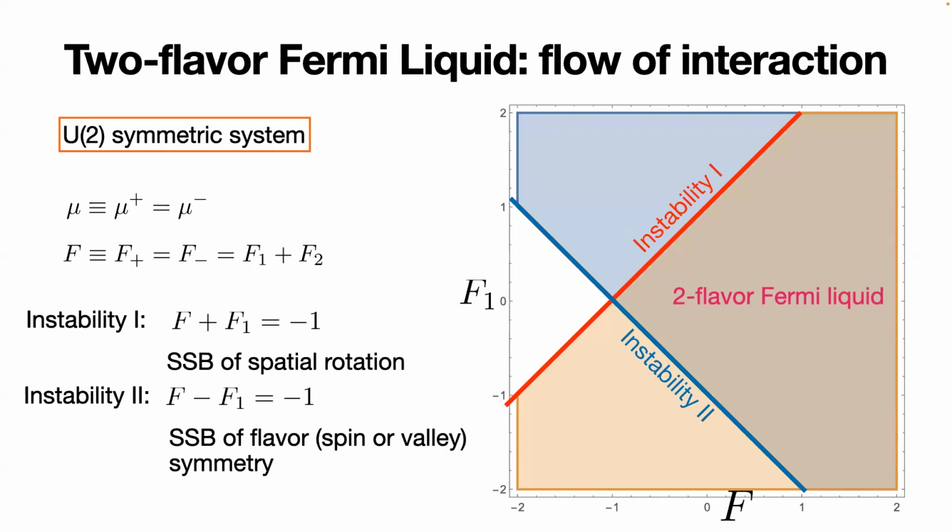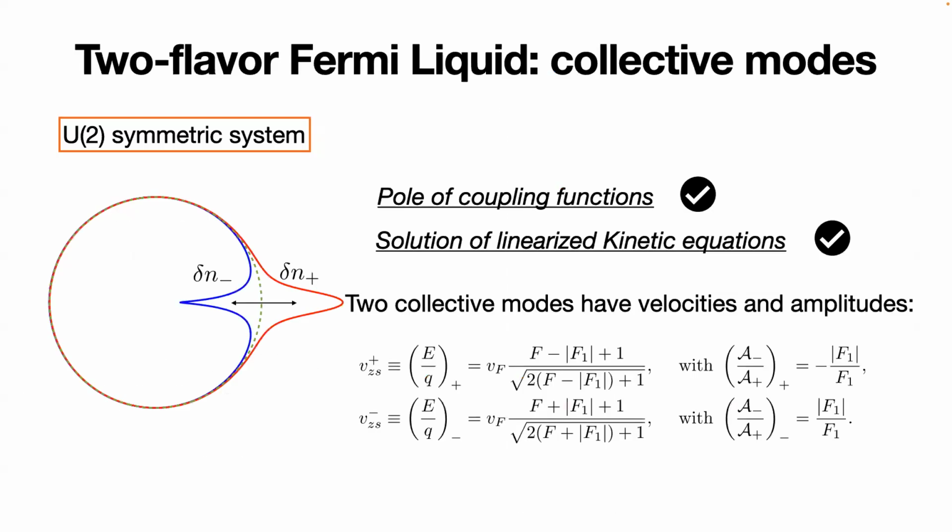But there's a new instability, type 2, that is driven by the dramatic change in the difference between flavors. So that leads to a spontaneous symmetry breaking of the flavor. If the flavor is spin or valley, then that indicates some spin or valley polarized state. So there are two possible instabilities.